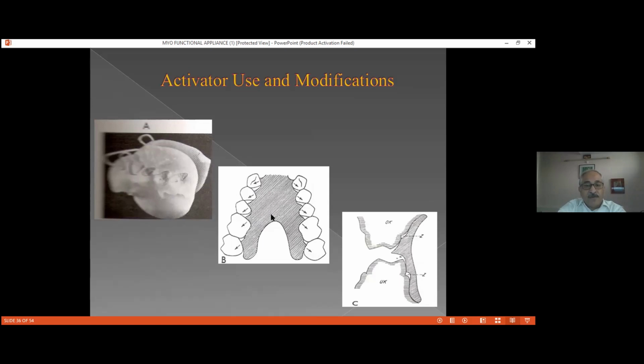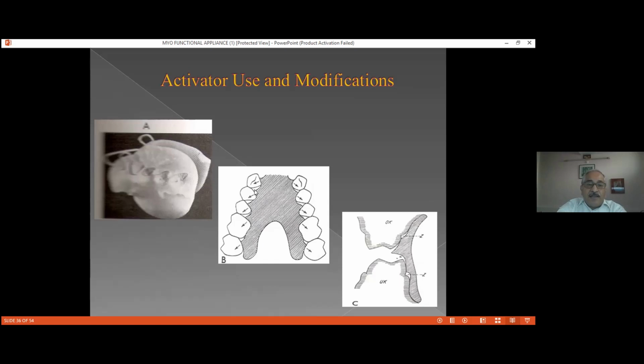Now let us concentrate only on the maxillary segment. You might appreciate that there are striped lines touching all the mesial components of the maxillary teeth, that is the mesial palatal aspect of the canine, first premolar, second premolar, and molar here.